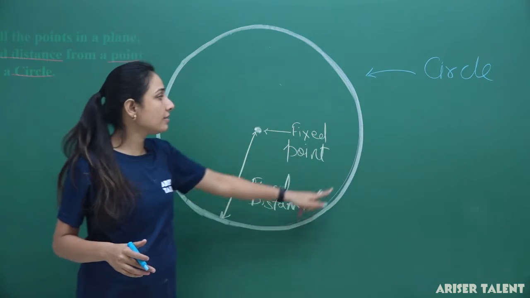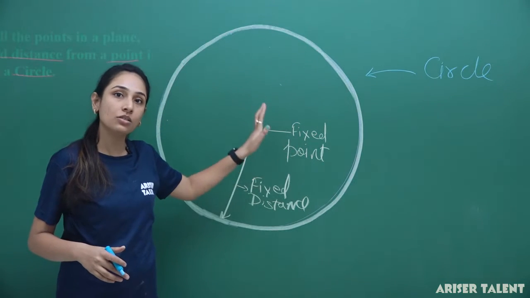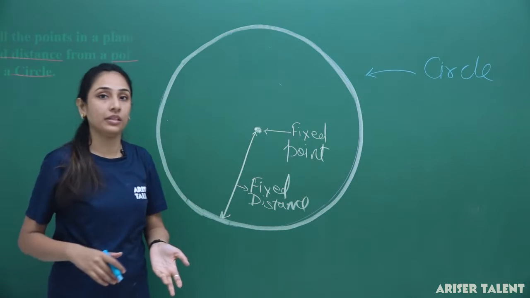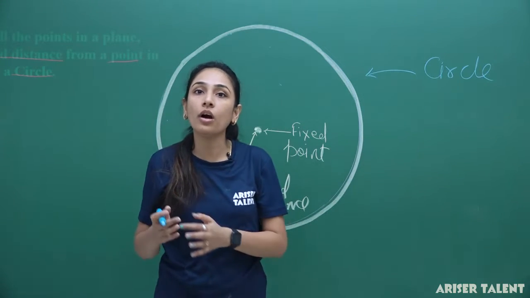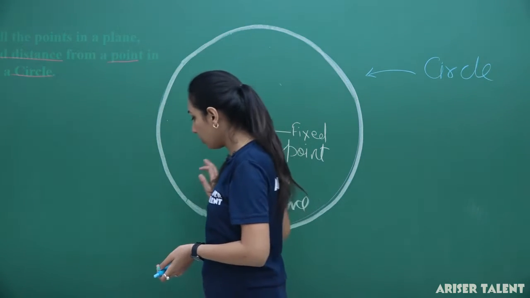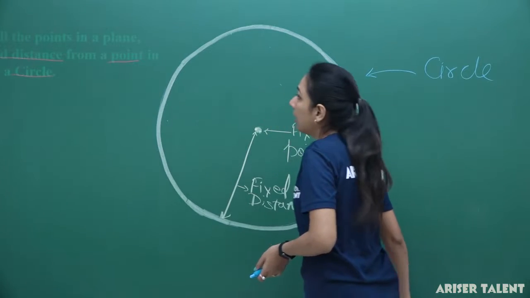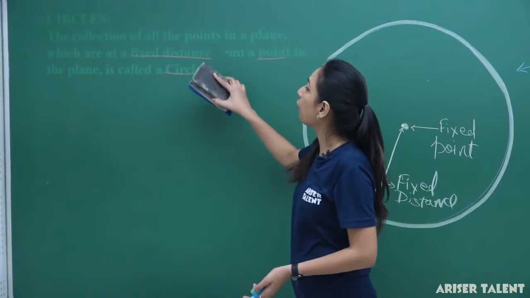This boundary, this periphery, this perimeter, is called the circumference.